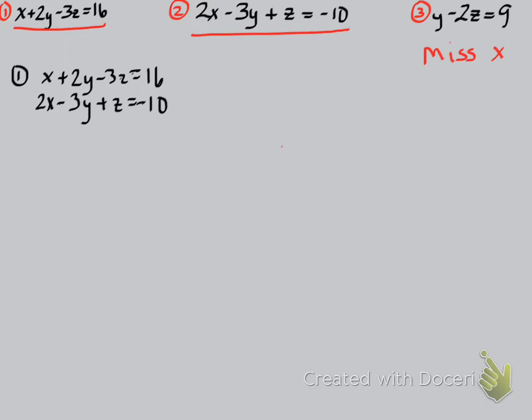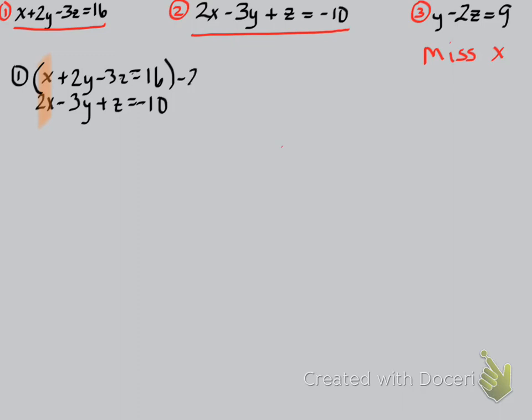Our goal is to knock out the x. That means we want to eliminate x. Right now, if I added these 2 equations, we'd come up with 3x. That's not going to help us. We need x to cancel out.